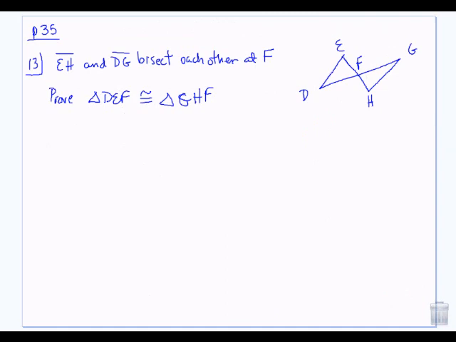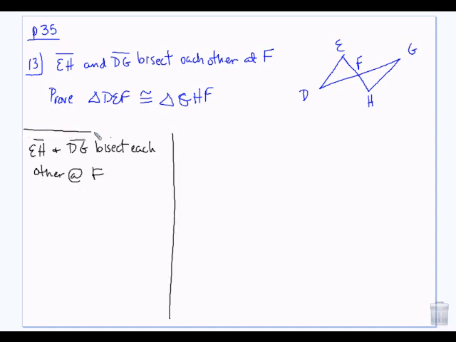First line is always given. So that's given, right? Okay, so what does that mean? If we're bisecting?